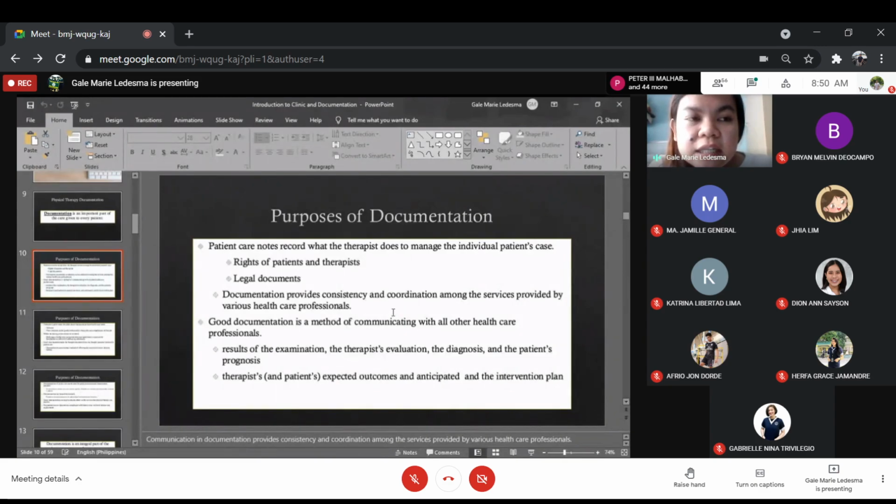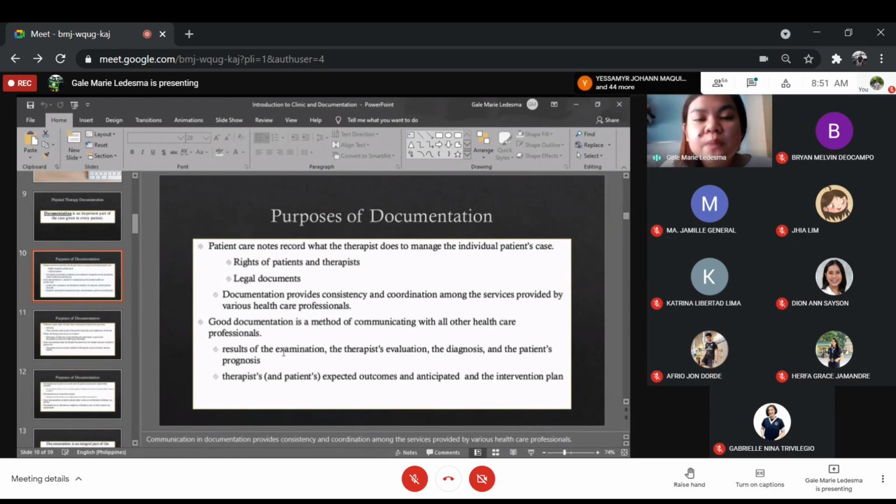Obviously, you will not be the only healthcare provider for a single patient. Many have already attended to the patient before he came to the PT. So good documentation is a method of communicating with all other healthcare professionals.